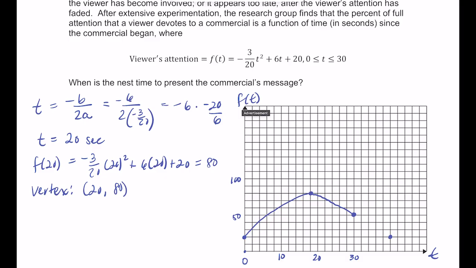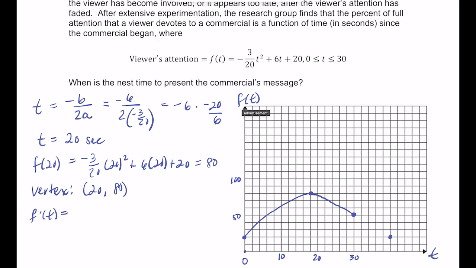So I can see that the viewer's maximum attention is at 20 seconds, right? Well, we can also determine this through finding the derivative. If you'll recall, from the last section, we looked at derivatives for increasing, decreasing. So I'm going to find the derivative of f of t.